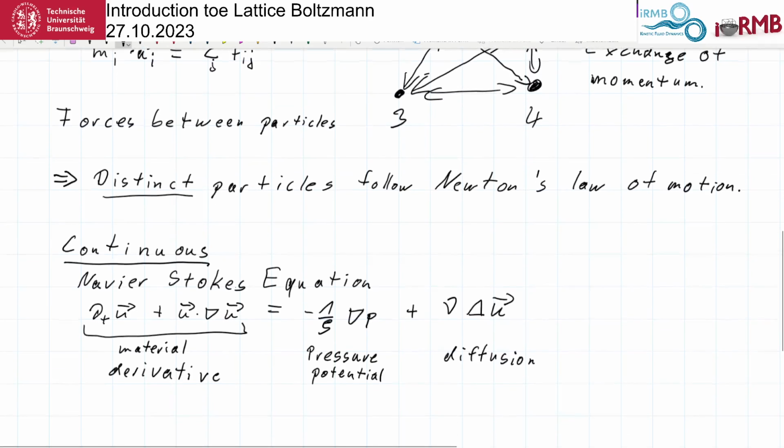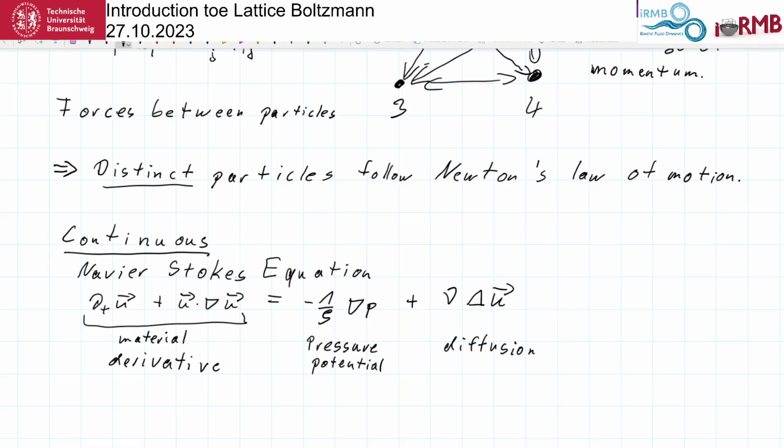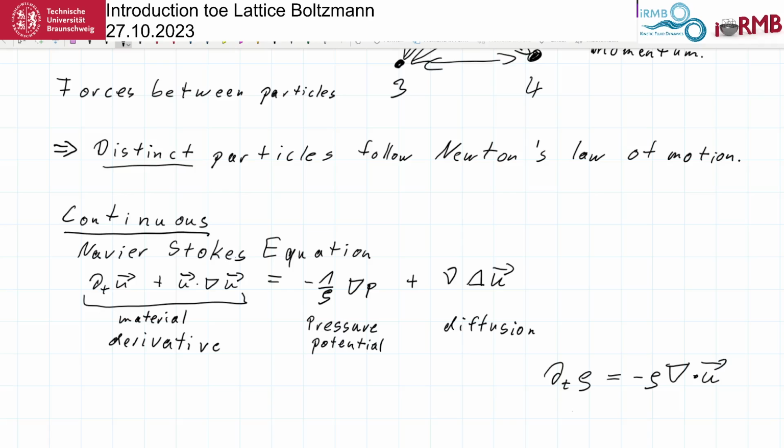This is usually combined with a continuity equation. There is a density, rho, and the time change in the density is equal to minus the divergence of the velocity field scaled by the density. This is actually where the continuous approach gets its name, because this is the continuity equation.